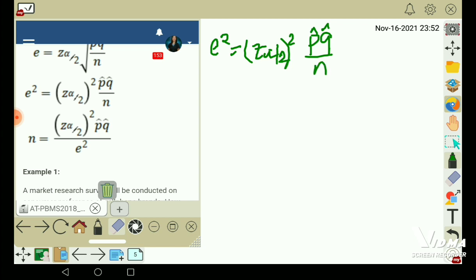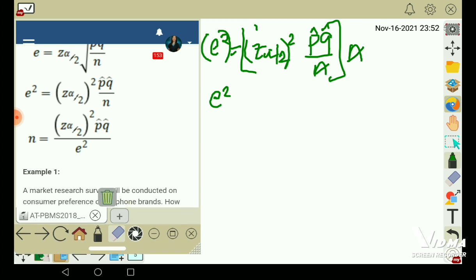Now, our main goal here is we need to move this n to the other side. So what we're going to do is simply multiply by n, also multiply this whole thing by n. So we are going to cancel this one, and we have here e squared times n.